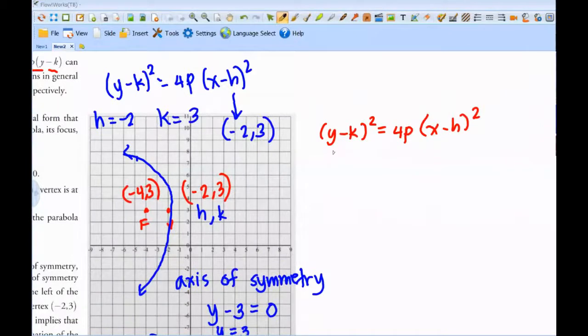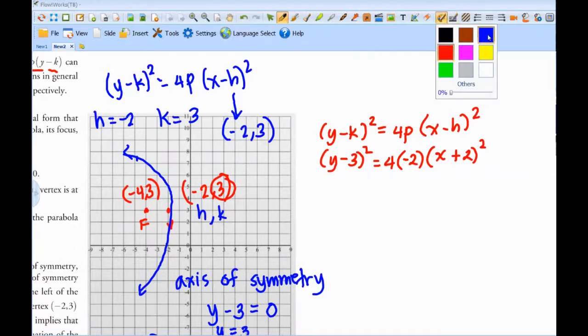So k is 3. So we will put 3 here. Y minus 3 squared is equal to 4 times the p, which is negative 2. So times negative 2, x minus h. So the h is plus 2. So then we can expand this since we are going to the general form.